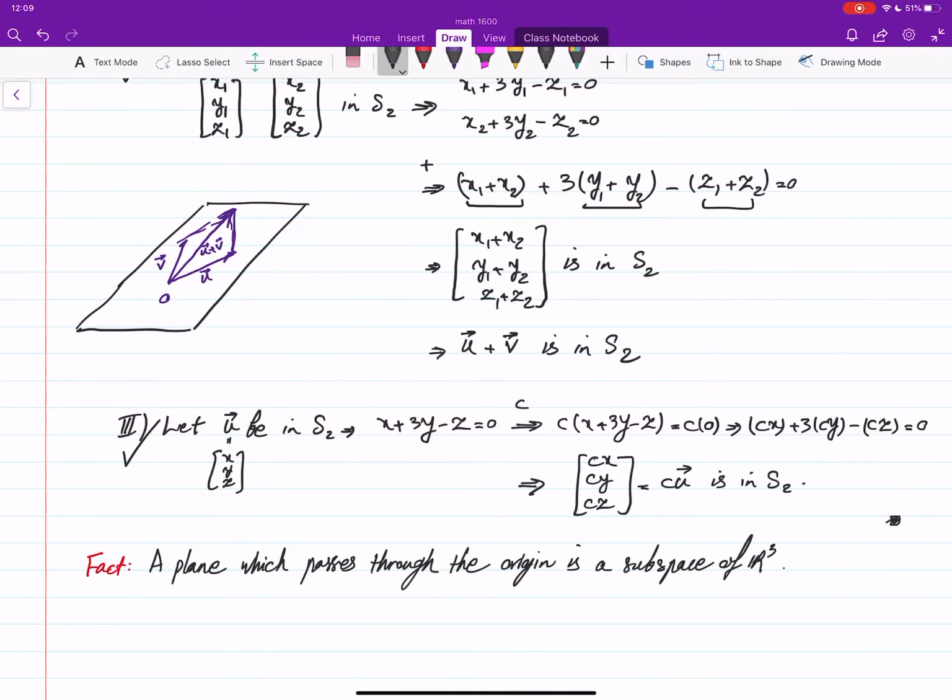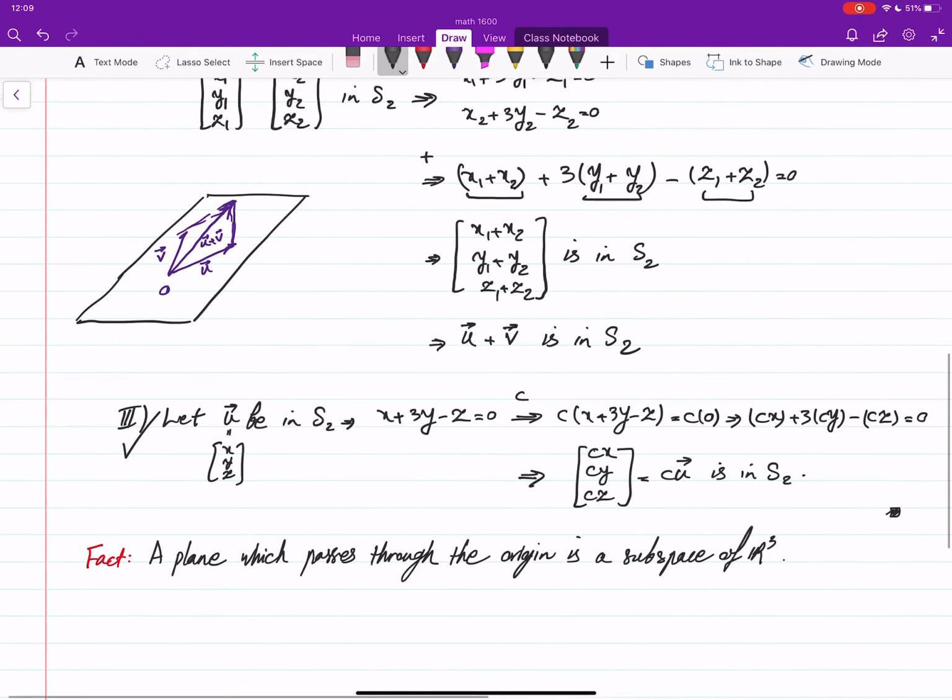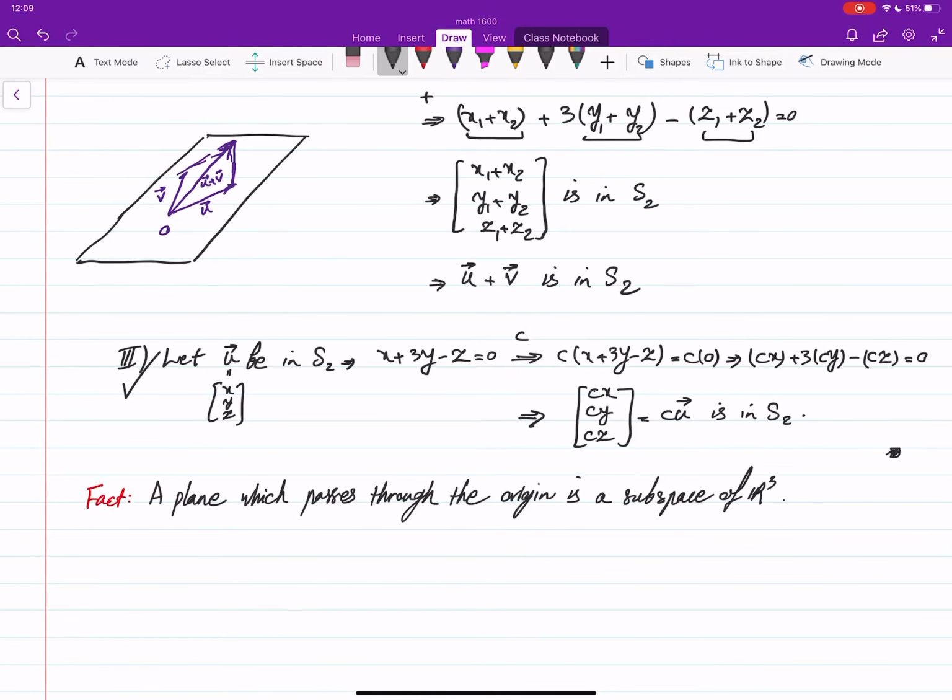And actually what we showed above is that the only planes that contain 0 are these. So this is if and only if, basically.